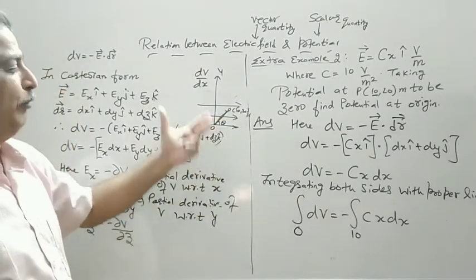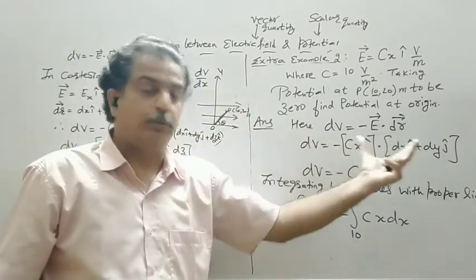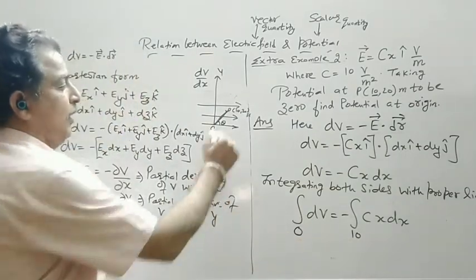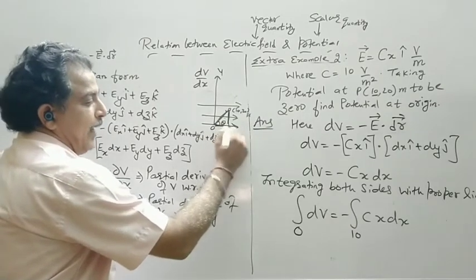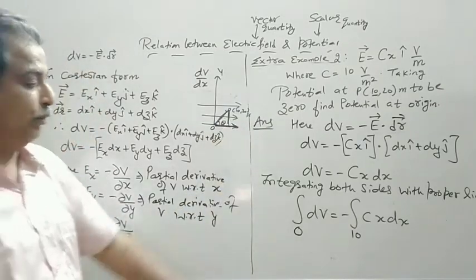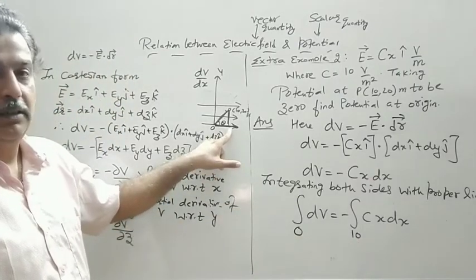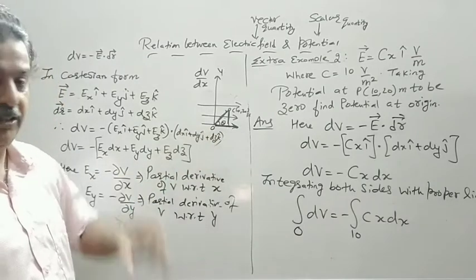But theta is not given, so instead of taking the concept of theta, we are taking the concept of the dot product. The x coordinate will play an important role, because the field is along the x-axis. For x equal to 10, the potential is 0.